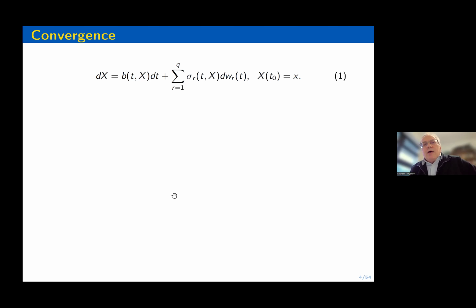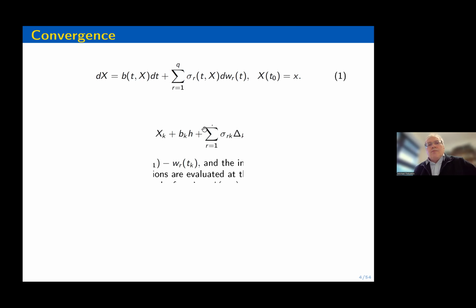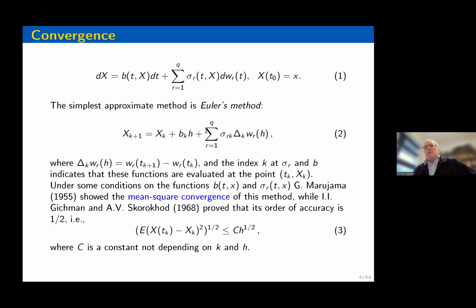And then on that grid, which we will obtain from the discretization, we can freeze the coefficients at those points on the grid. If you do that, we arrive at the simplest approximation, which is known as the Euler method.